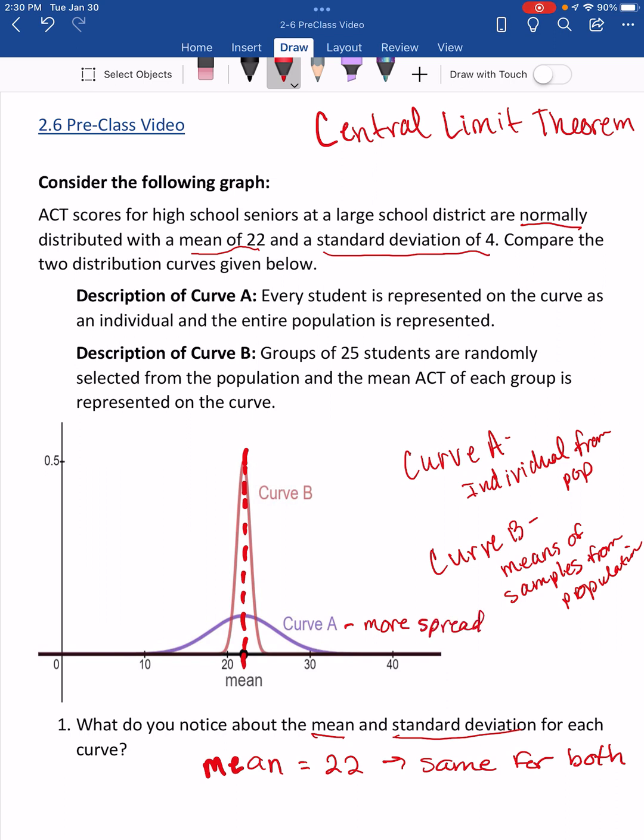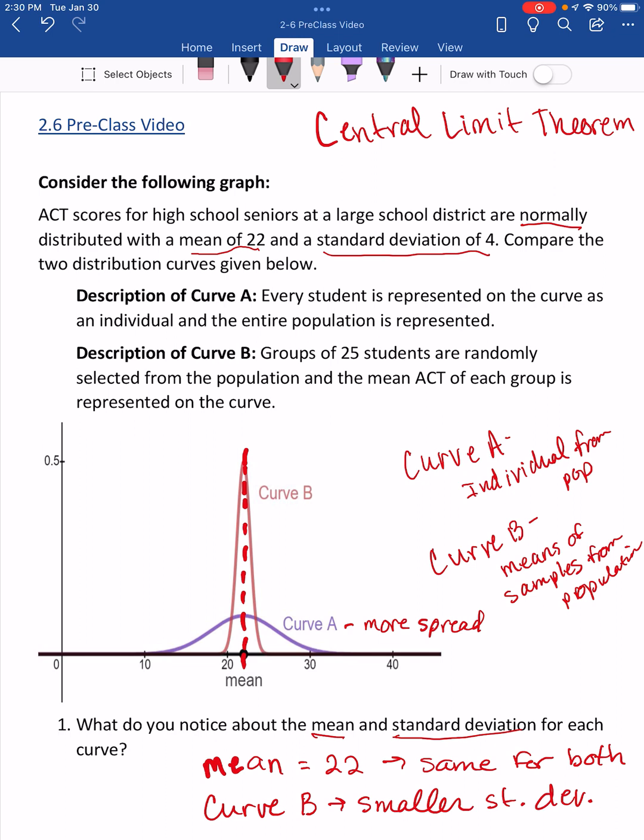Curve B looks like they're all bunched up a lot closer to the mean. That makes sense. The average of every sample is going to be pretty close to the average of the population. And since it's less spread out, I would say that it has a smaller standard deviation, right? Yeah, so B has a smaller standard deviation than A.